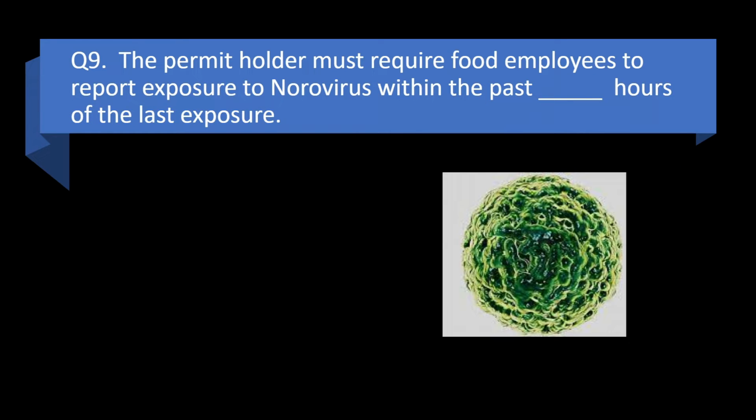Question 9. The permit holder must require food employees to report exposure to norovirus within the past blank hours of the last exposure. 24, 48, 36, or 72. B. 48.